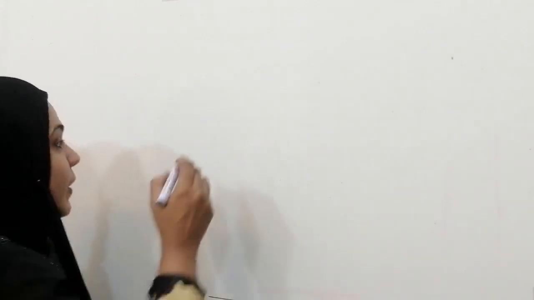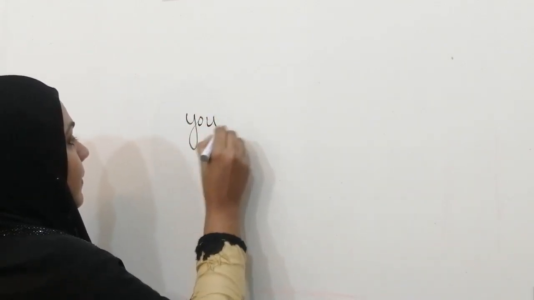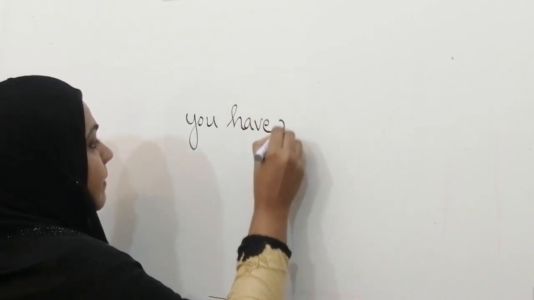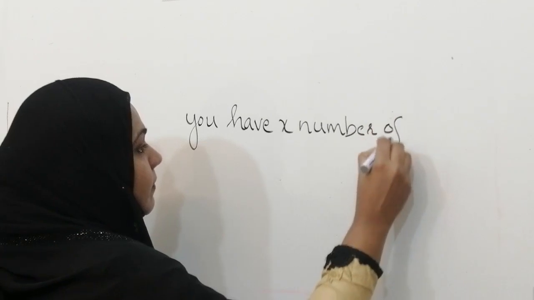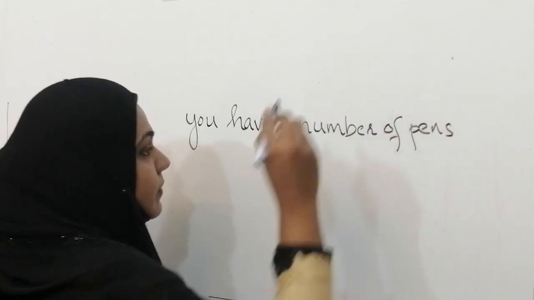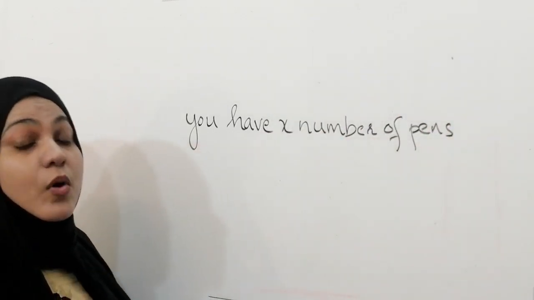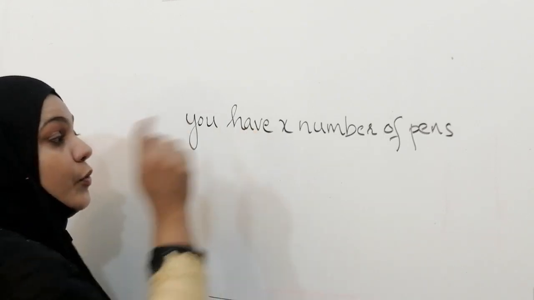For example, you have X number of pens. Your friend has 4 less number of pens than you have.